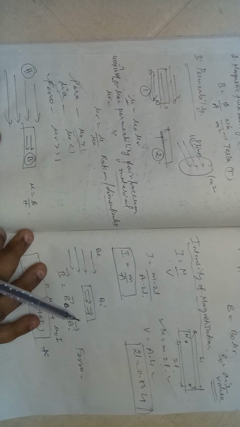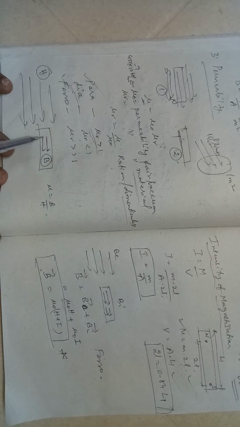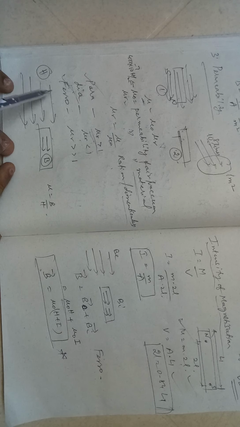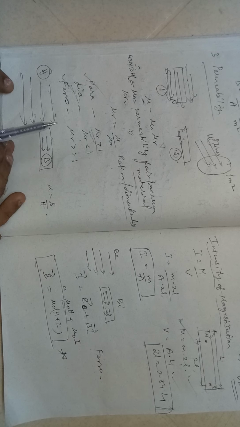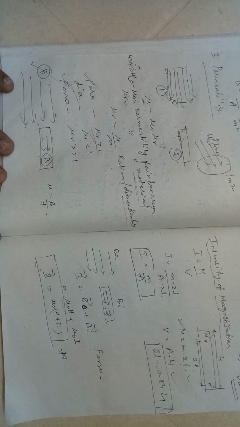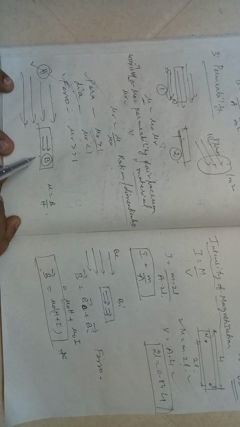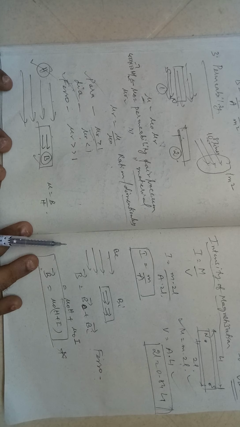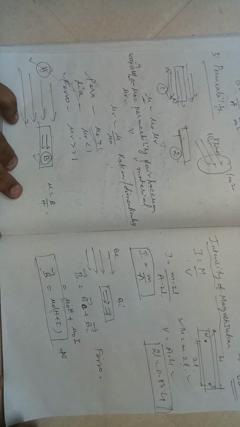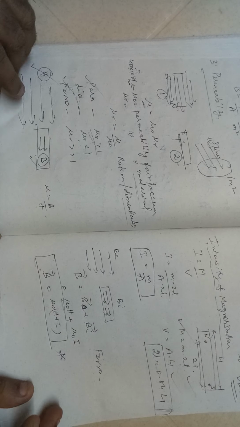Now what happens is you bring a magnet or some substance in an external magnetic field. Now here, one set of magnetic field lines is trying to magnetize and one is getting magnetized. That which is trying to magnetize is denoted by H. That which is getting magnetized is denoted by B. So this mu is also defined as a ratio of B by H. Now from where has it come?